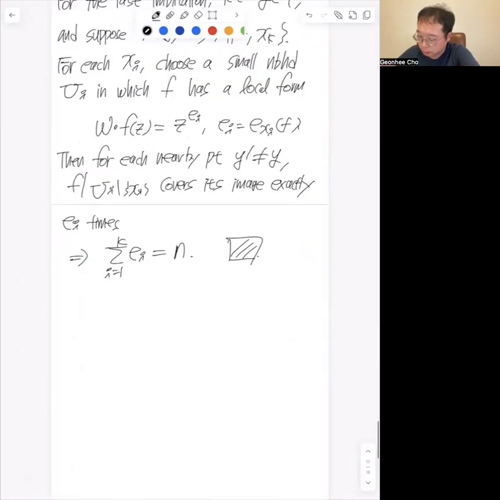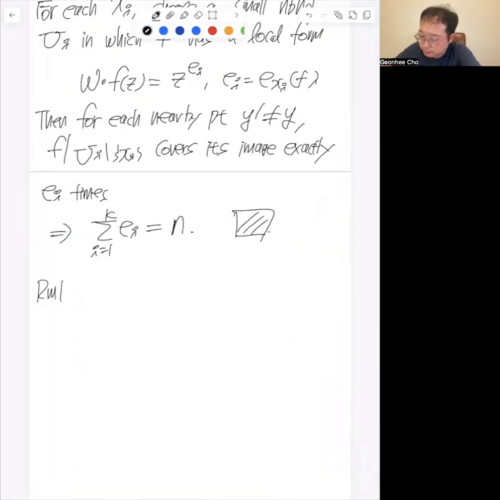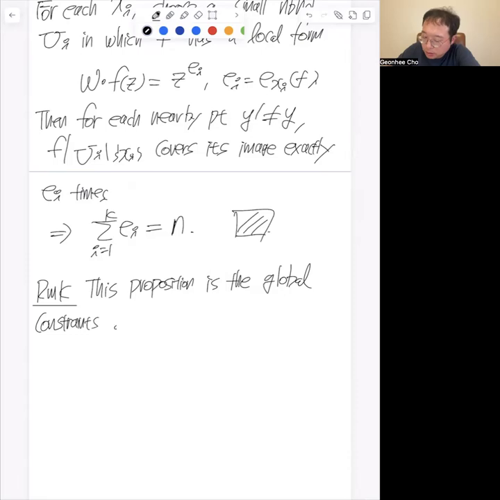And this might be the first global constraint. Let me keep the remark. This proposition is the global constraint on holomorphic functions defined on compact Riemann surfaces.